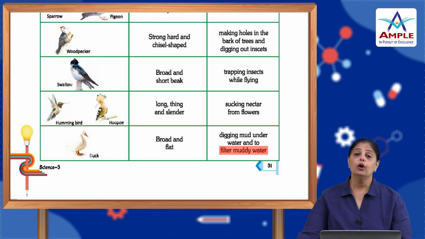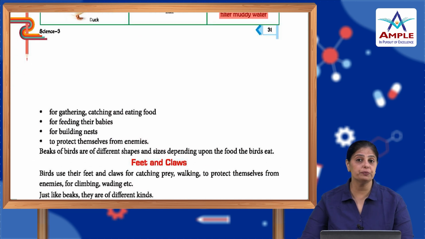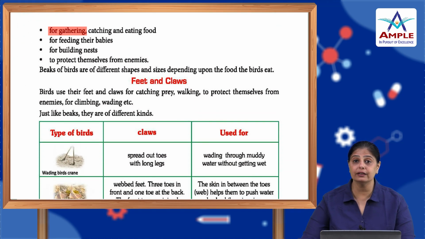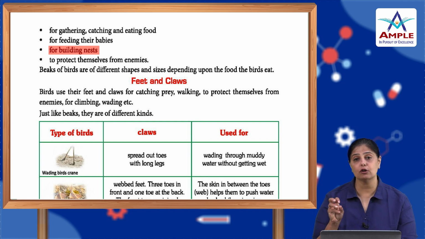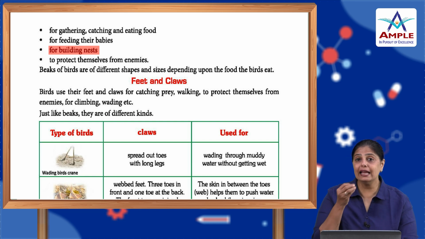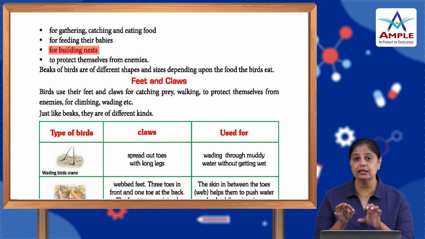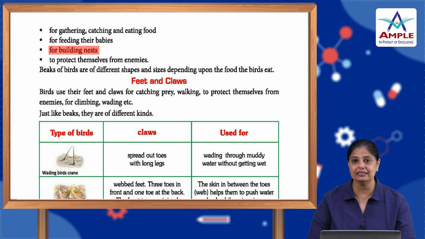Now, what are the other features for which beaks are useful? For gathering, catching and eating food, for feeding their babies, for building nests. What happens is they collect the twigs or sticks in their beak, and then they gather them, and slowly and gradually they build their nest, one stick at a time or 2 sticks at a time, and that's how they build their nest.